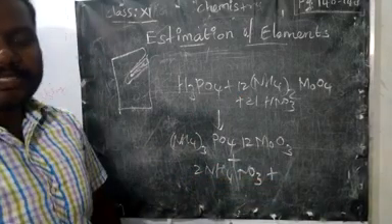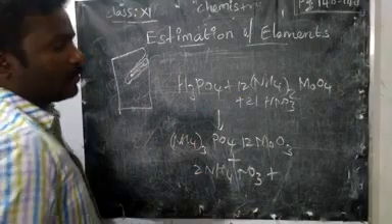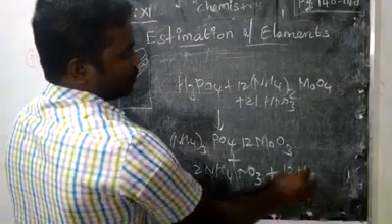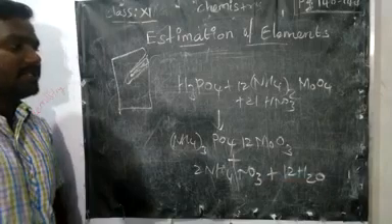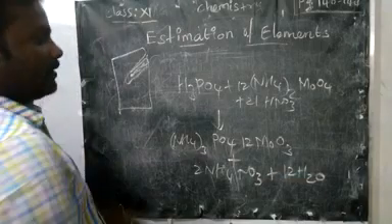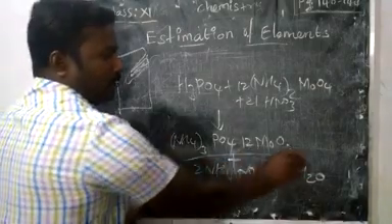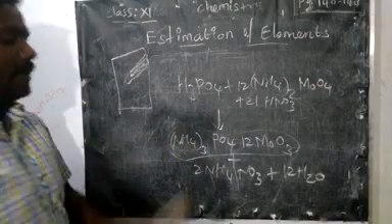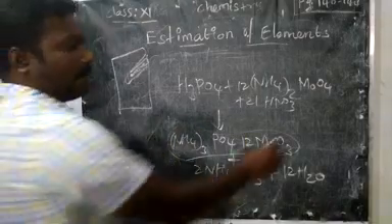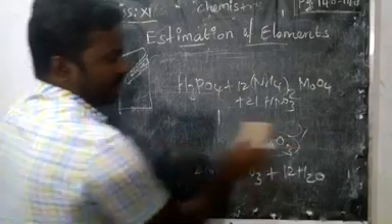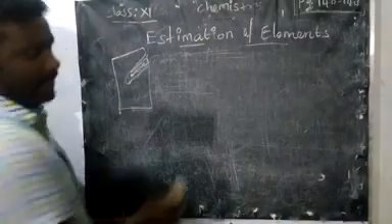Actually, in your book that is a printing mistake. Again given 12 HNO3, actually 12 H2O. Please change it in your book, right? This reaction will be carried out. Now our expected precipitate is ammonium phosphomolybdate. By knowing this weight, we can calculate the phosphorus, right?